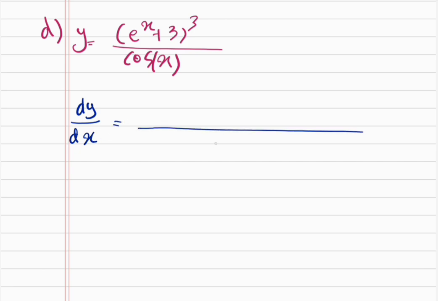So we first square the denominator function, which is going to be cos x squared, and on the numerator we write down the denominator function first times the derivative of the numerator function. So for the numerator, to differentiate the bracket on the numerator, we use the chain rule. So e to the x plus 3 cubed.